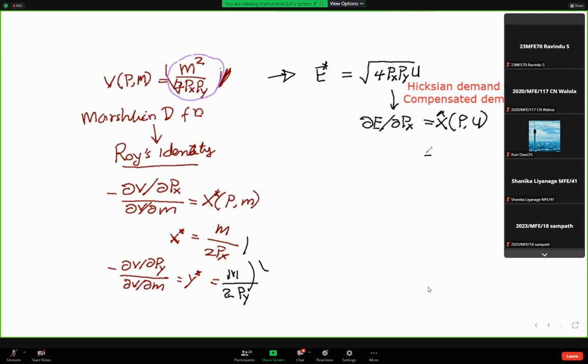When you differentiate with respect to px, the answer you get is py u divided by px.